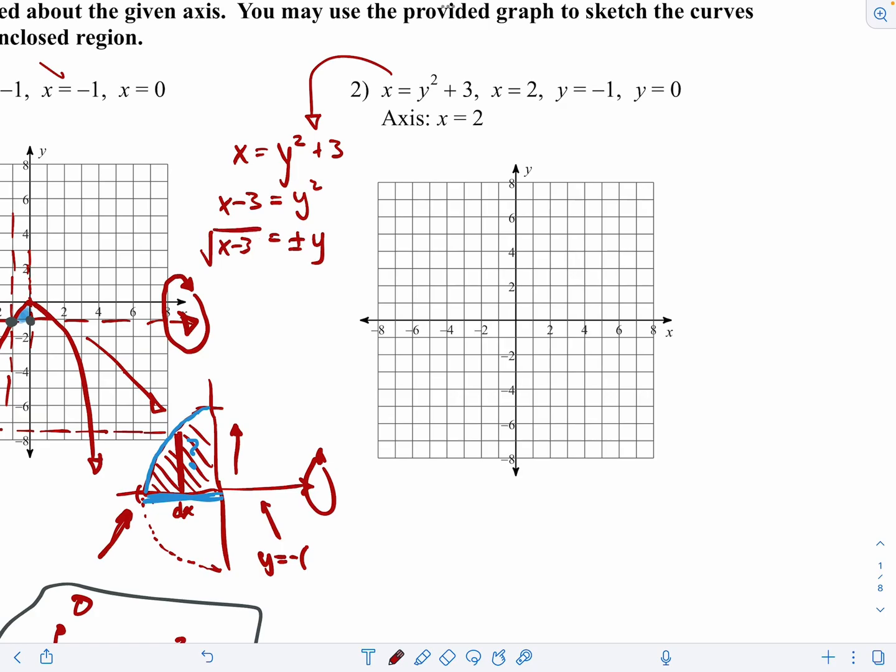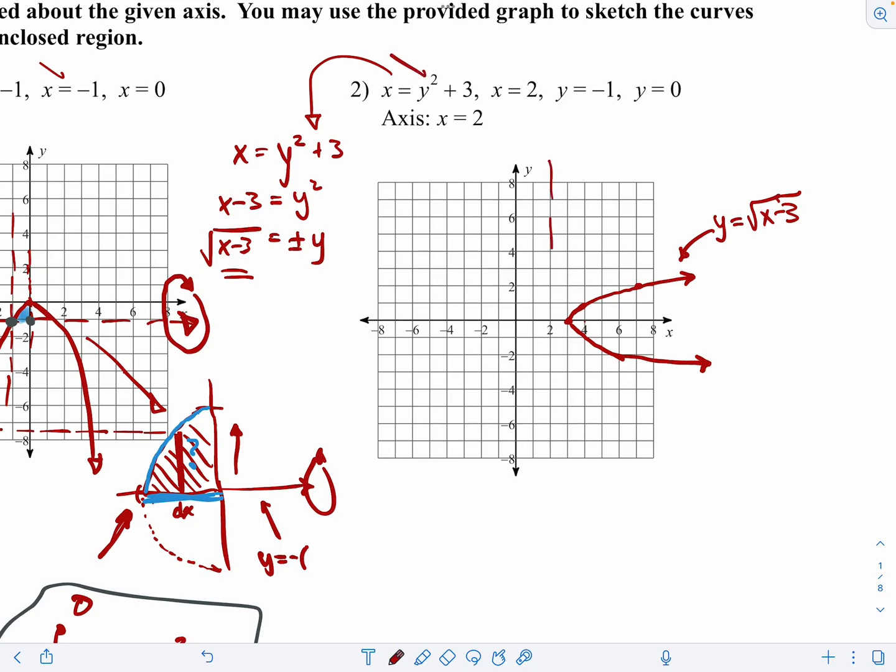So that's a square root function that has been shifted to the right 3. I'm going to sketch it in right here. That's the plus part of y equals square root of x minus 3. The minus part is just its mirror image. I'm going to draw that in there. We've got our function done.